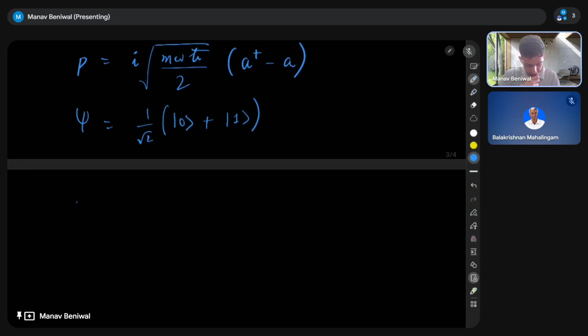Now if we do a dagger psi, we will get 1 by root 2, and then this will become under root 1 times 1, and this will become under root 2 times 2.